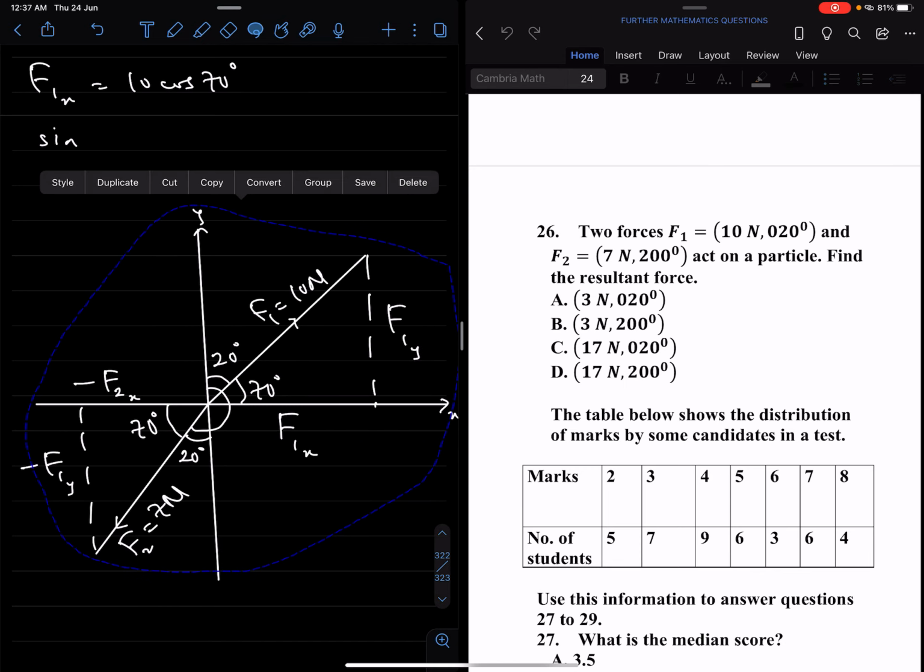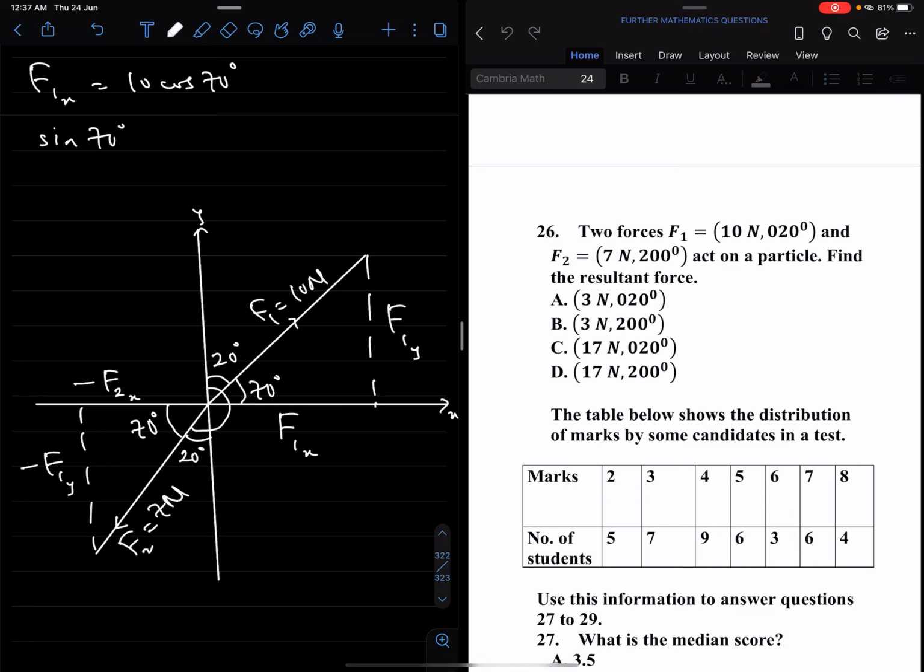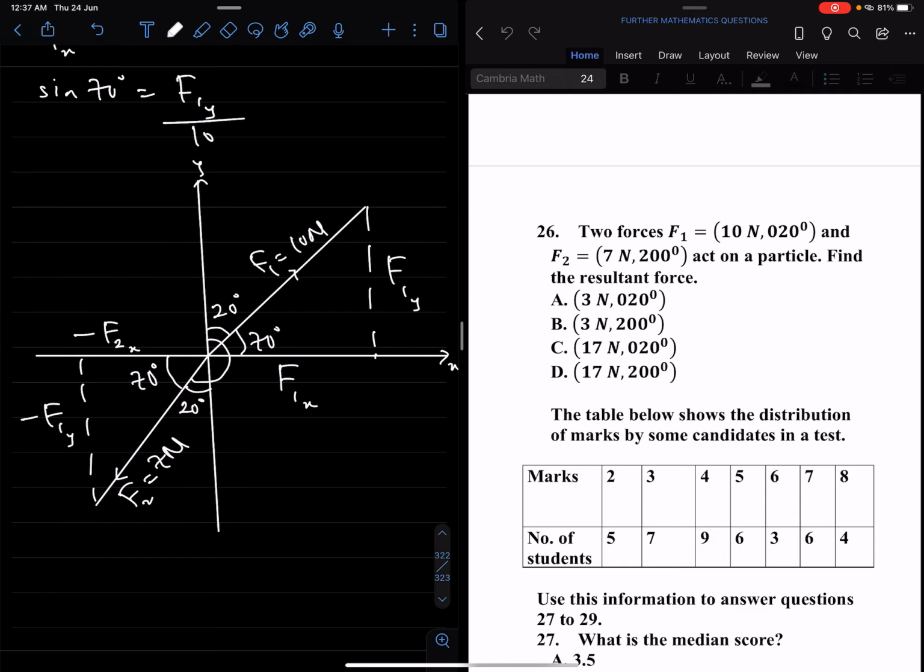So this is the diagram. Now sine 70 degrees equals F1y over 10, which simply means I need to move the diagram down.